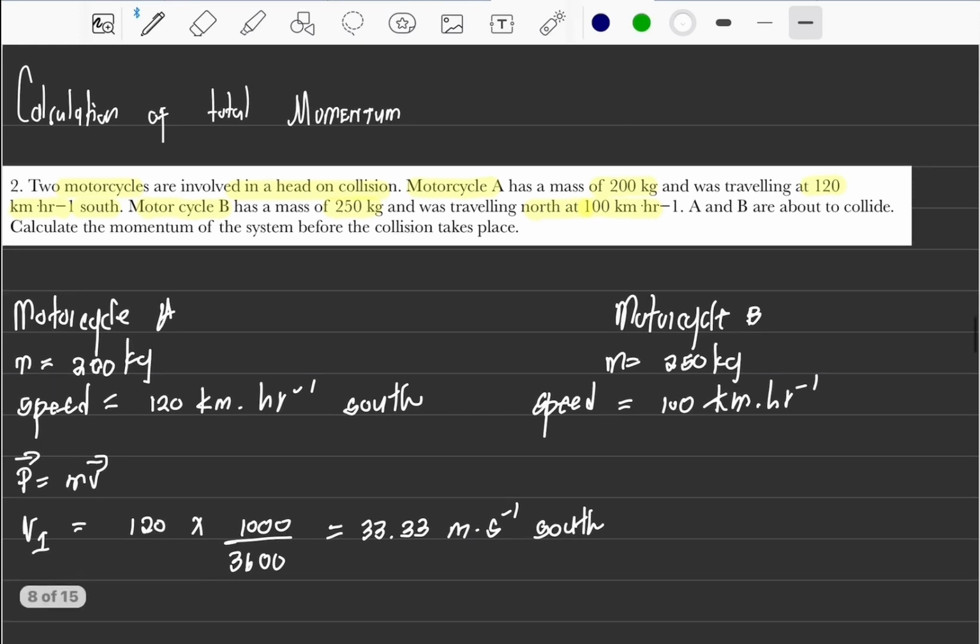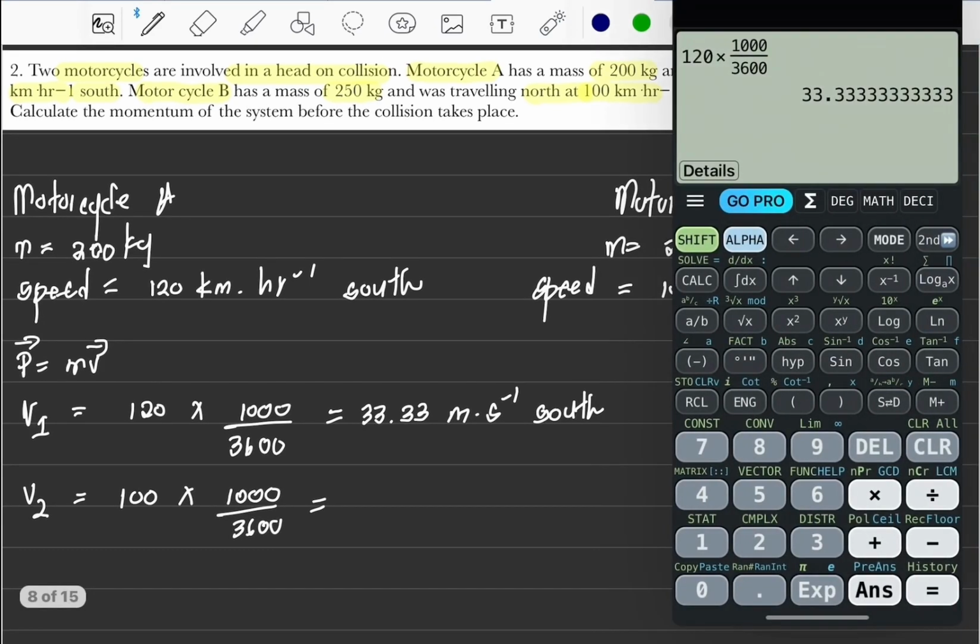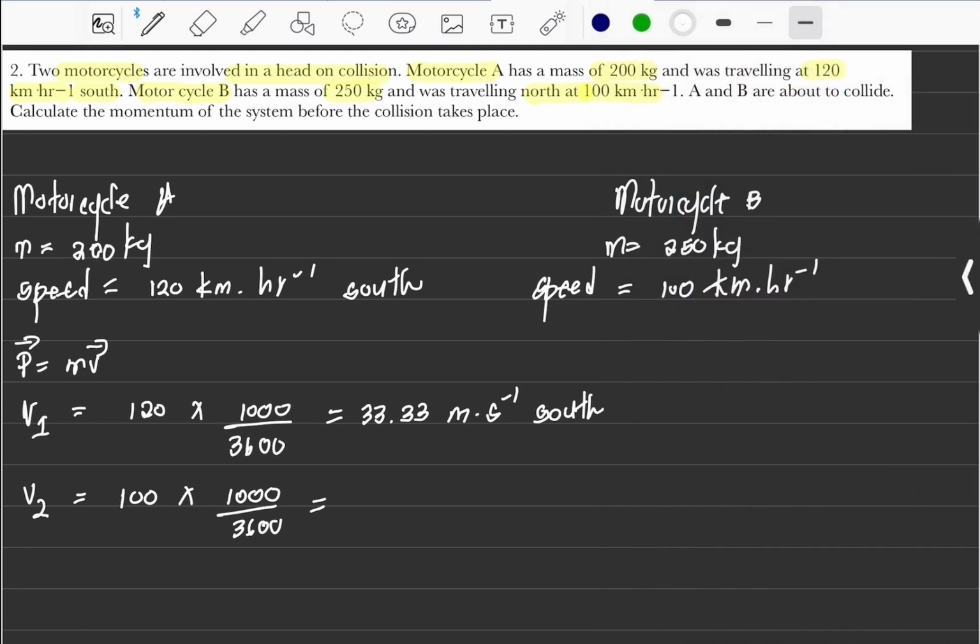Then we calculate V2, which will be the velocity for motorcycle B. V2 is equal to 100 multiplied by 1,000 over 3,600, which is 27.78 meters per second.